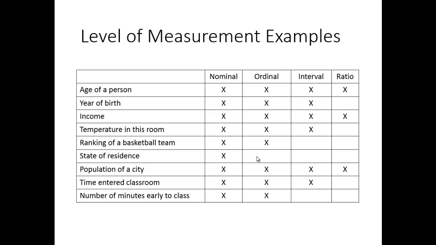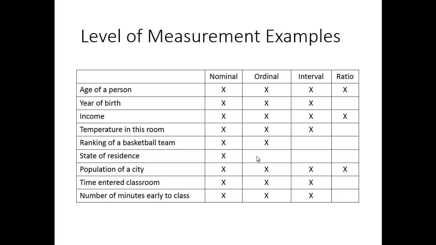You could do interval. If student A showed up 4 minutes early, student B showed up 1 minute early, 4 minus 1 is 3. That 3 minutes has some intrinsic meaning in terms of minutes earlier. And in this case, you could also do ratio. So you could do 0, meaning really at the start of class here.